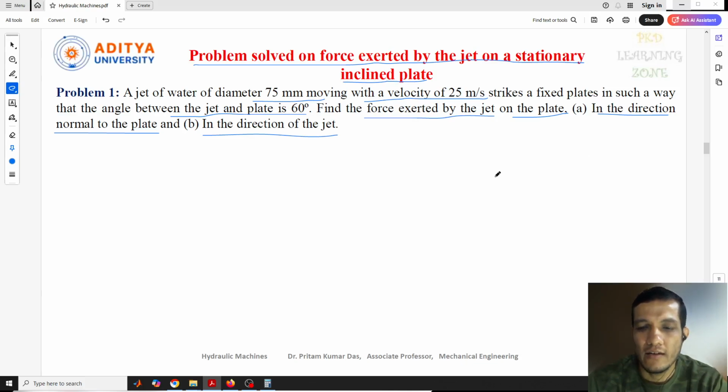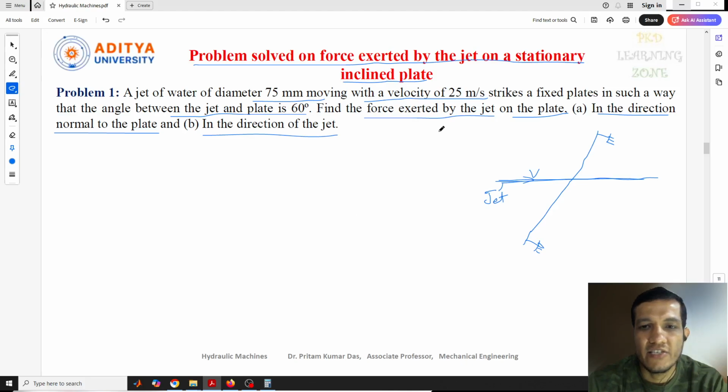So first, I'll draw a schematic view of this question. Suppose this is the jet of fluid which is moving with a velocity of v, and which is striking a plate. The plate is in an inclined condition, and this is stationary.